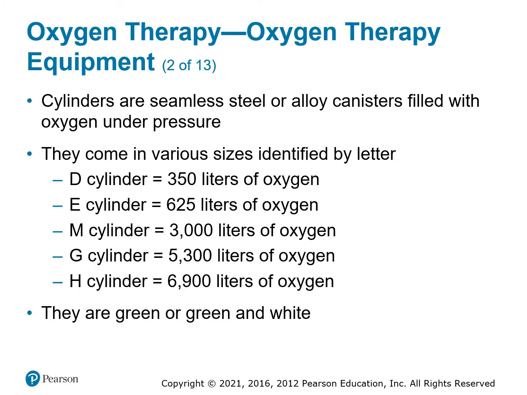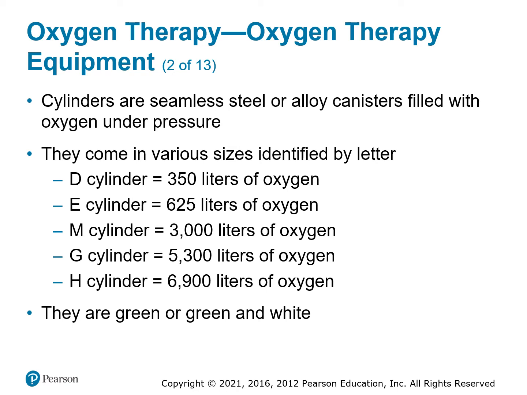Maybe you've seen these oxygen cylinders before. They are usually stainless steel in color and maybe have a green top on them. They may be completely painted green. They do come in different sizes, D cylinder, E cylinder. Just to give you some ideas, the D and E cylinders are your smaller cylinders that we find in our portable airway bags.